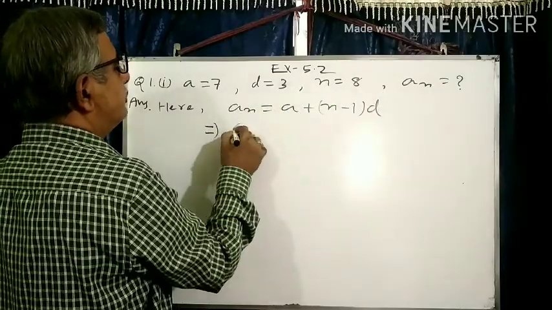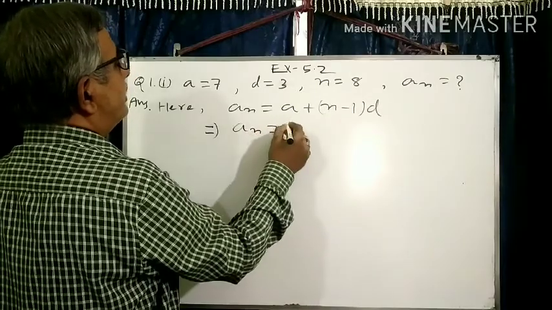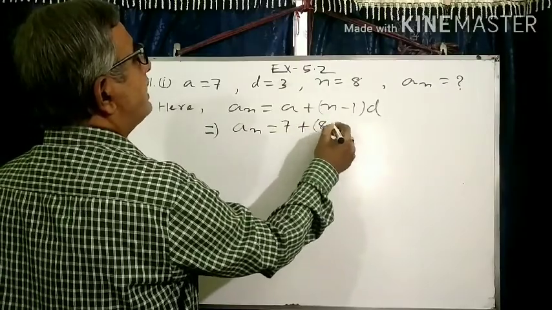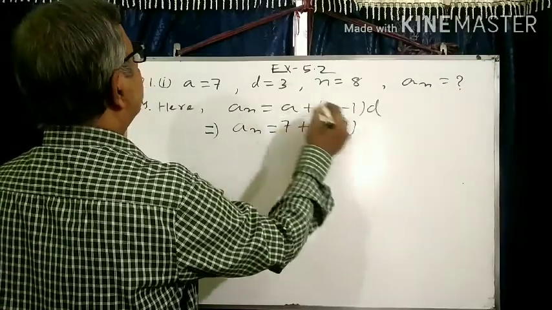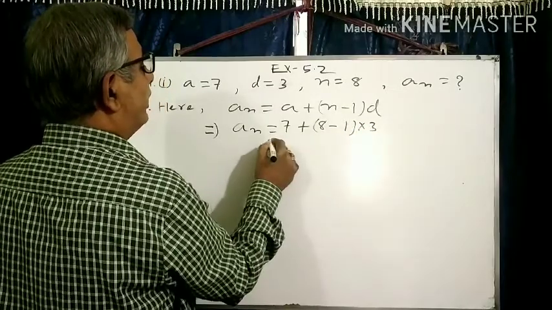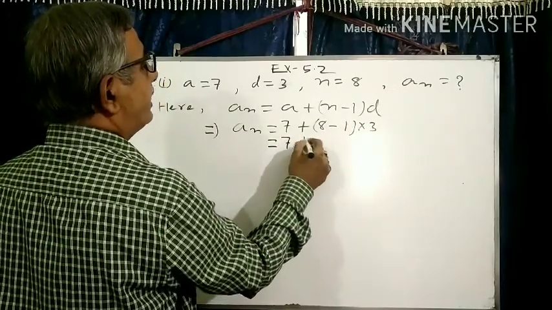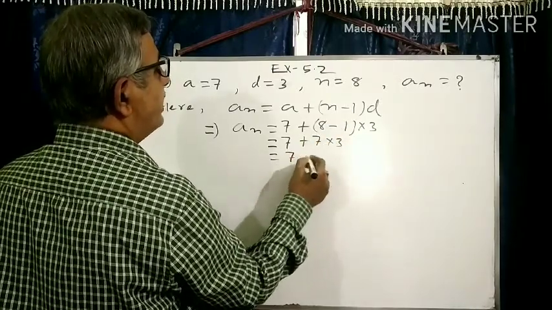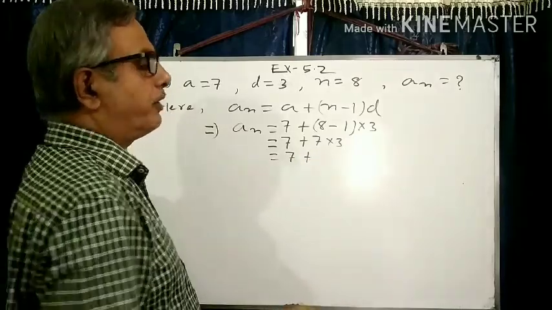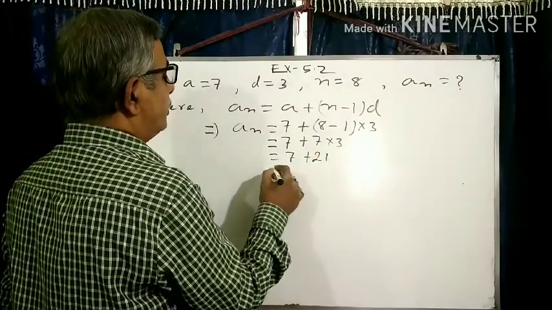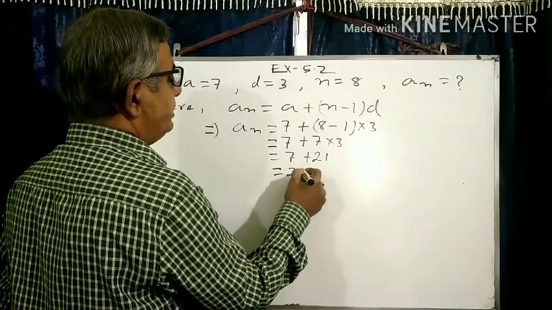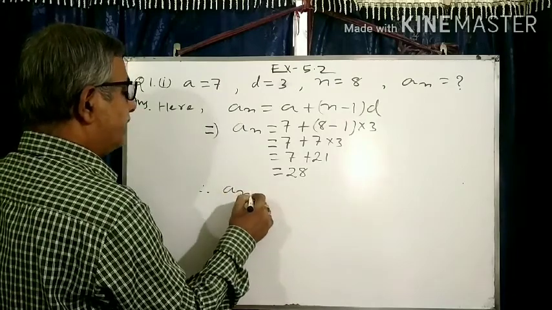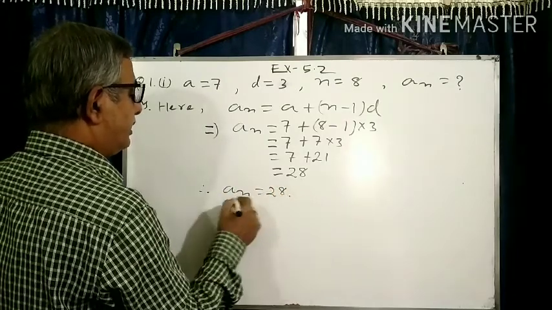An is not given, so A is equal to 7, N is equal to 8 and minus 1 you write here, D is equal to 3. What do you get? 7 plus 8 minus 1 into 3, which is 7 into 3 is 21. So you are getting 28. Therefore you got An is equal to 28.